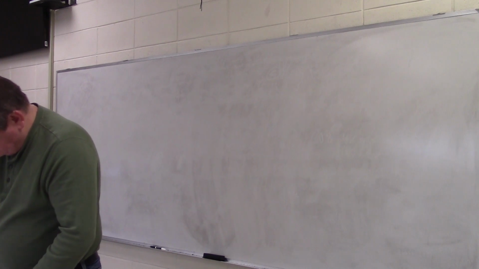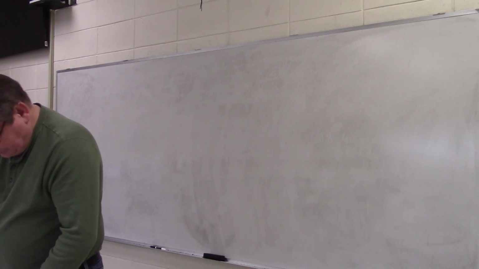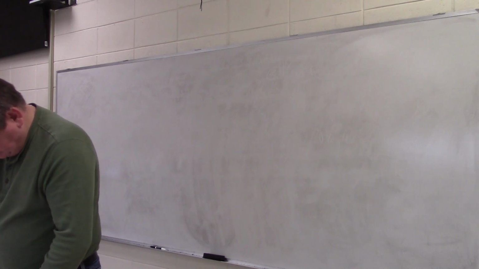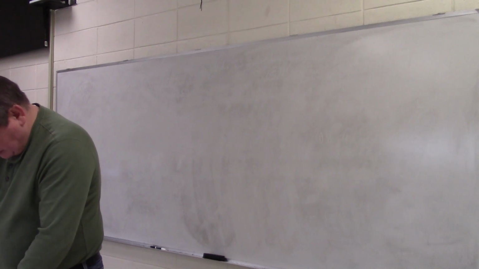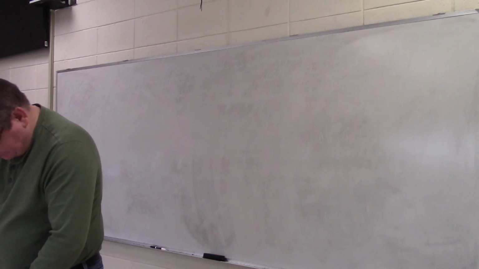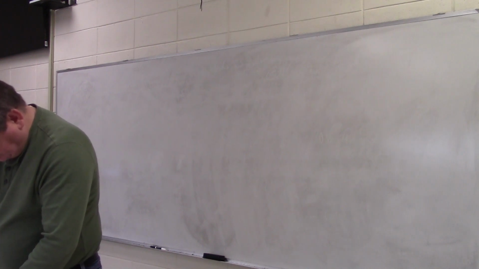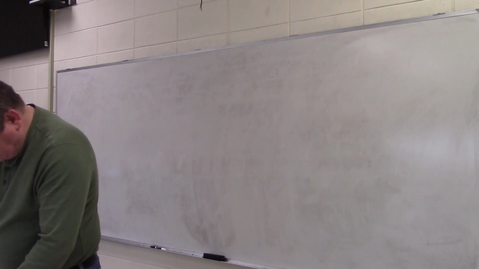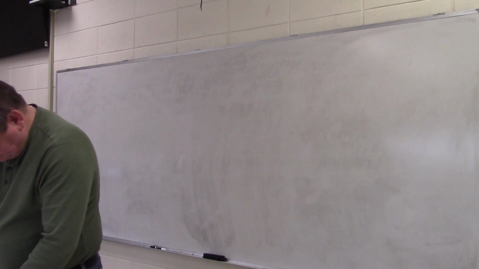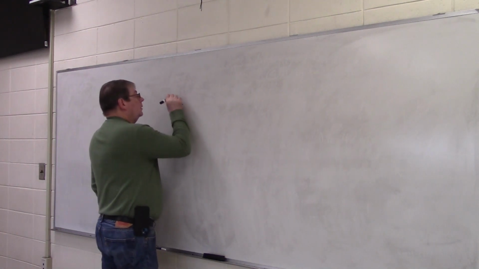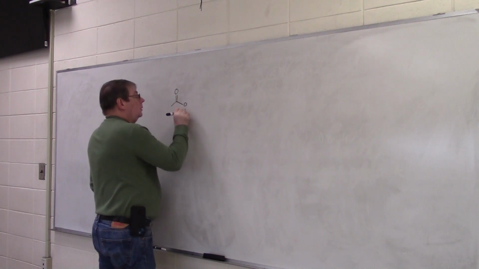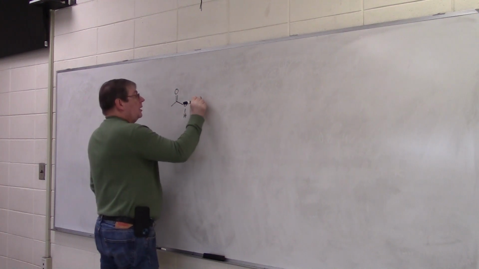It's like a reaction between acetic acid and sodium HCO3. Sodium bicarbonate? Yes, sir. Okay, so which one is it? It's number 25. Okay, so acetic acid, I'll just draw it out like that, plus sodium bicarbonate, right?